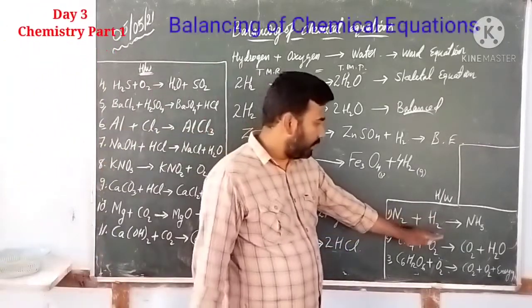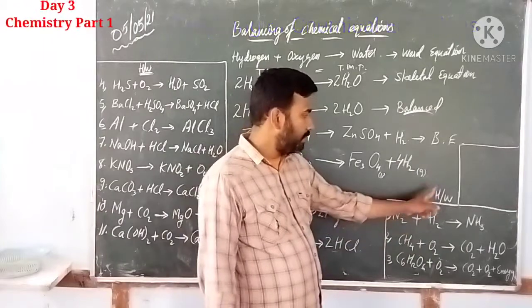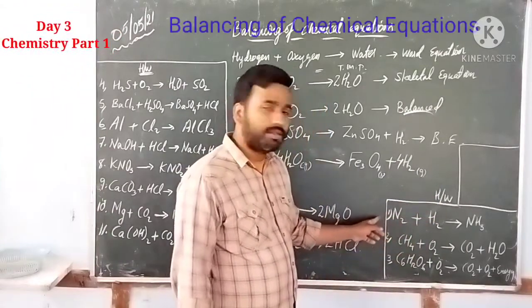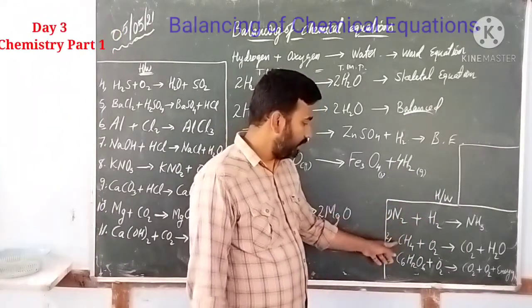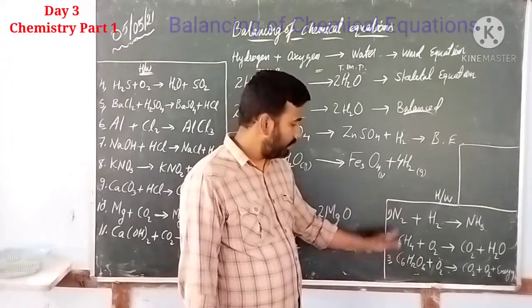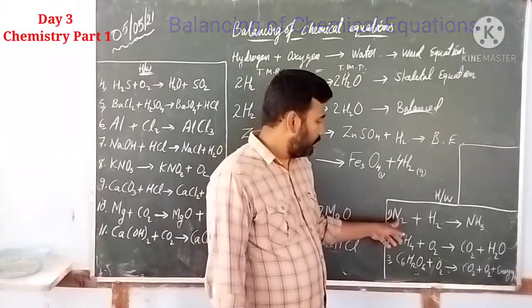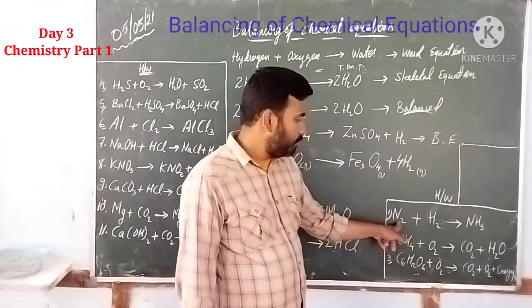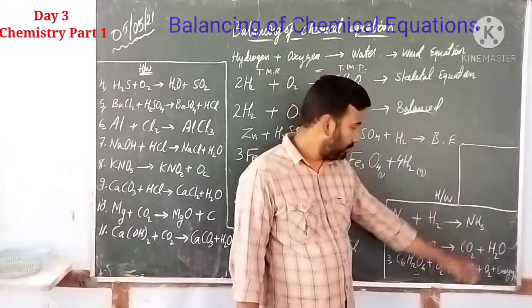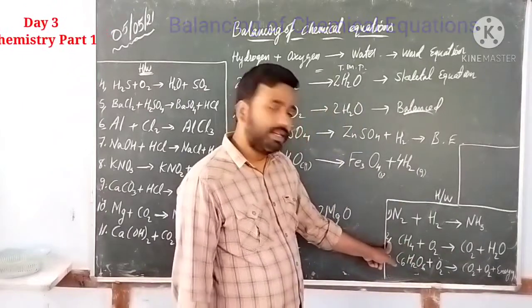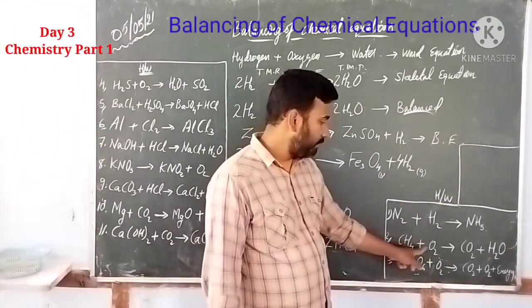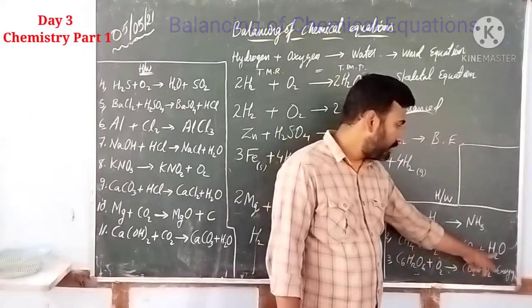On this side, you can see some homework I have given. You just go through all these equations, write them down in your copy and balance them. First, N2 plus H2 gives NH3. The second one, CH4, that is methane, plus oxygen gives CO2 plus H2O.